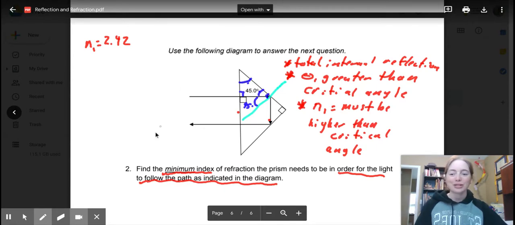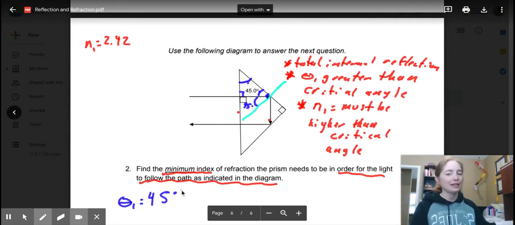Okay? So, ladies and gentlemen, what that is going to tell us is that we want to find what N value would give us a critical angle response if our theta 1 is 45 degrees. Now, ladies and gentlemen, remember that we have to be going from a high N value to a low N value in order to get a critical angle scenario. That is critical so that you remember that.